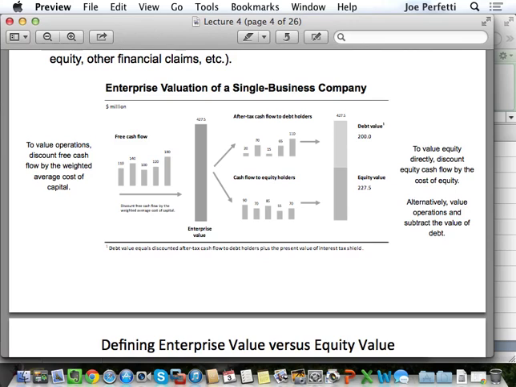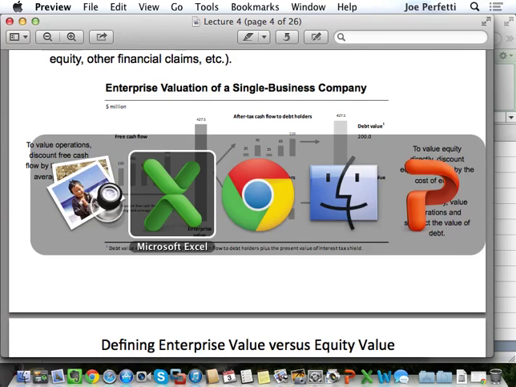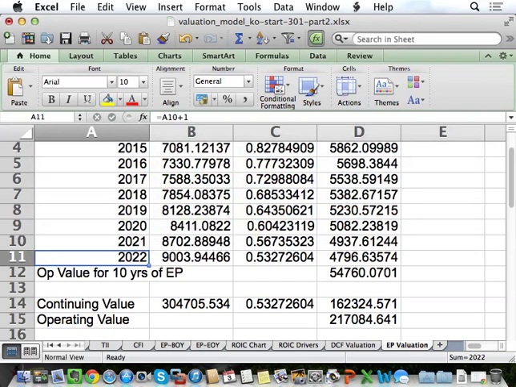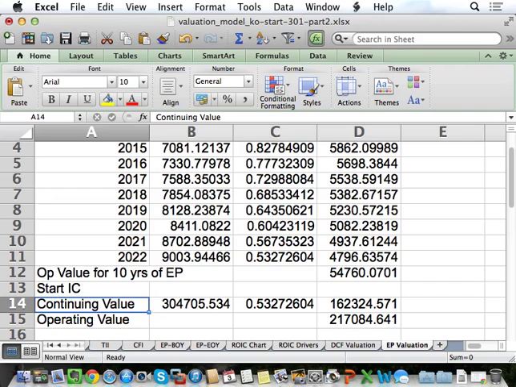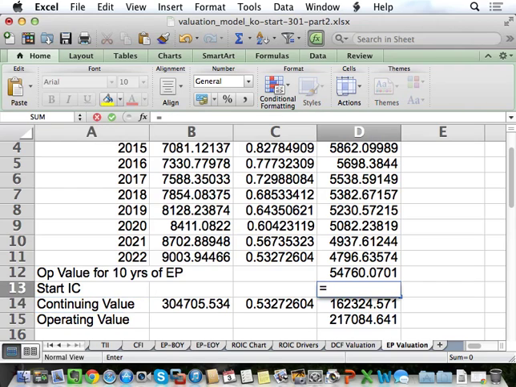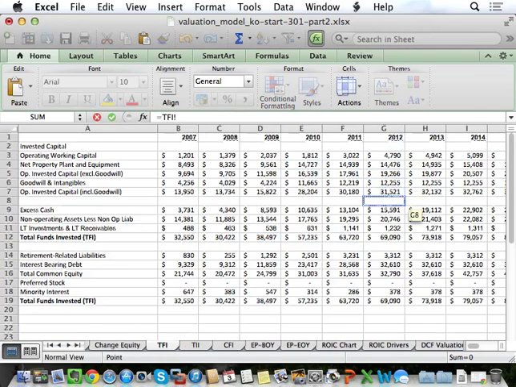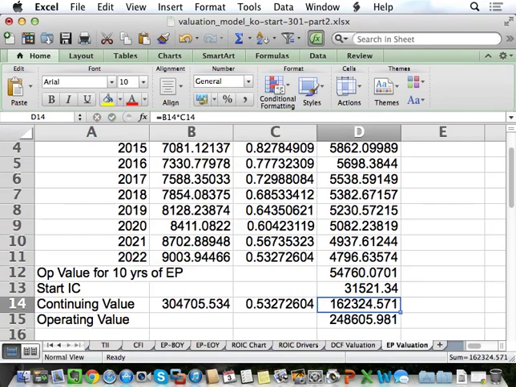Right? So what we're going to do is take our starting invested capital, or beginning invested capital, which is how much money we've started with in the business. In this case, it's our 2012 invested capital. So if I go back to my TFI, I started with invested capital of 31,521. In the first 10 years, I've added $54.7 billion worth of value.